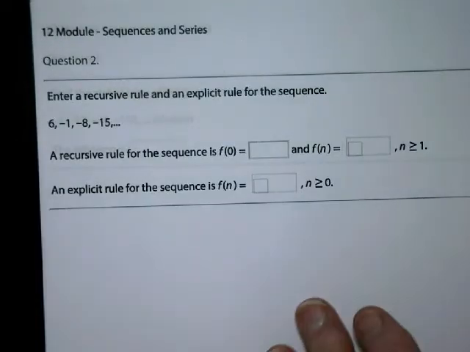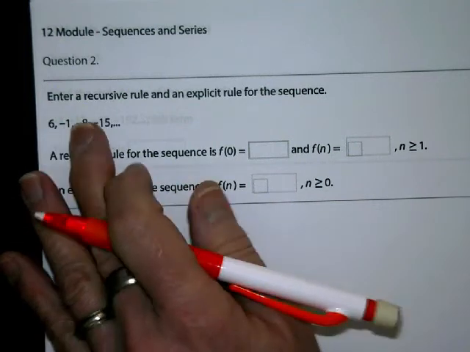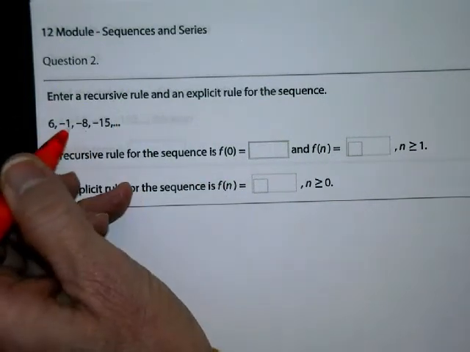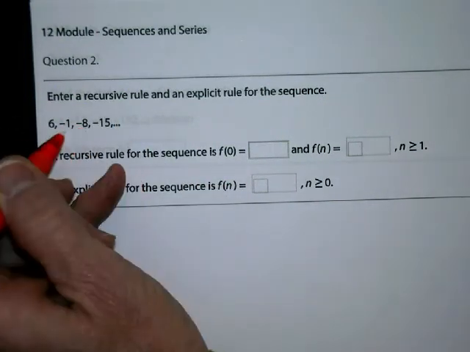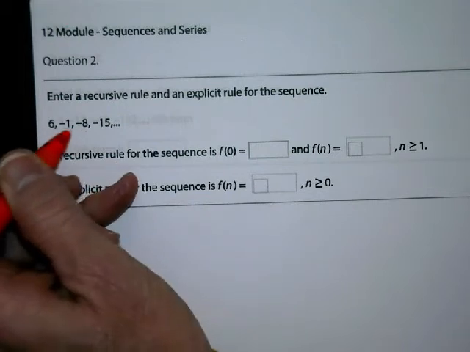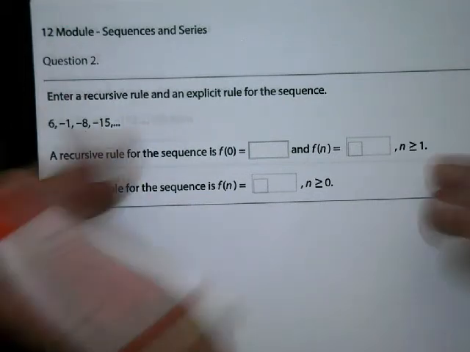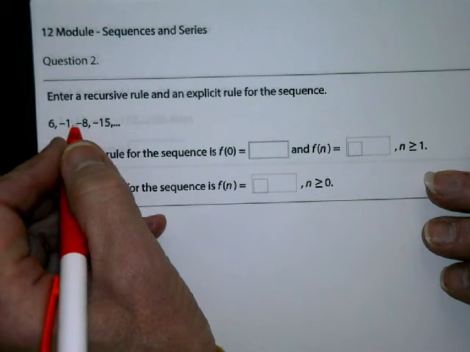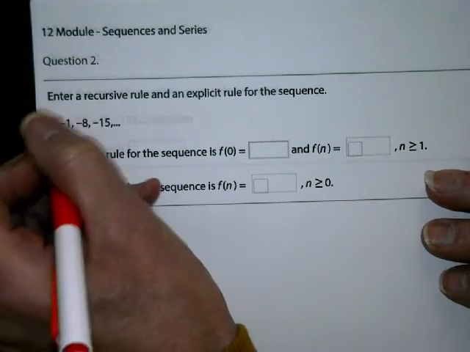N matters. So we enter a recursive rule and explicit rule for this sequence. It doesn't look like we're multiplying, so I take the second term and ask, what do I add to 6 to get a negative 1? What do I add to a negative 1 to get a negative 8? Or you can take the difference between these two. What's a negative 8 minus a negative 1?